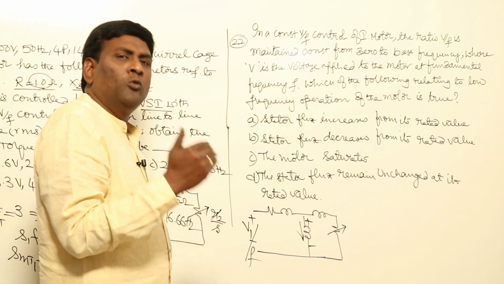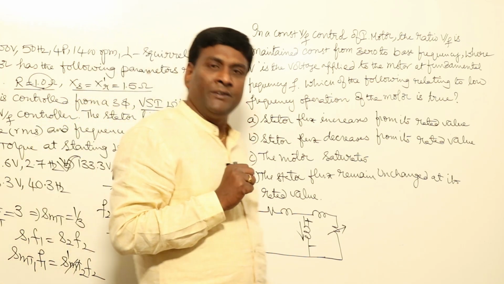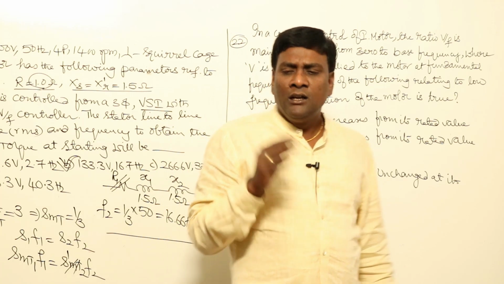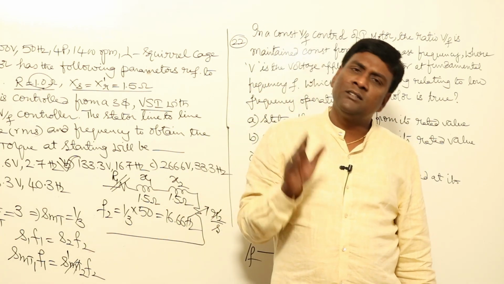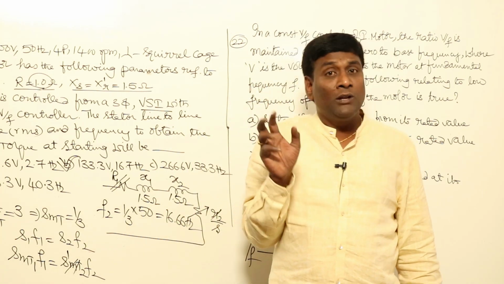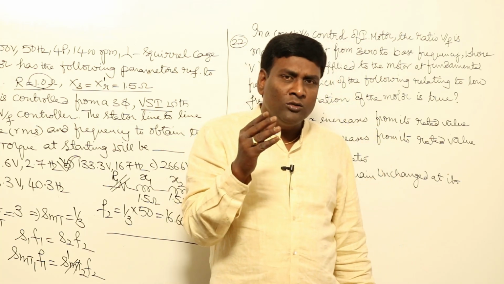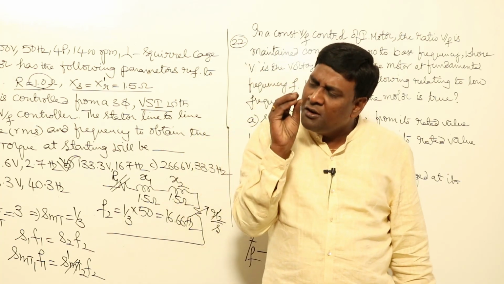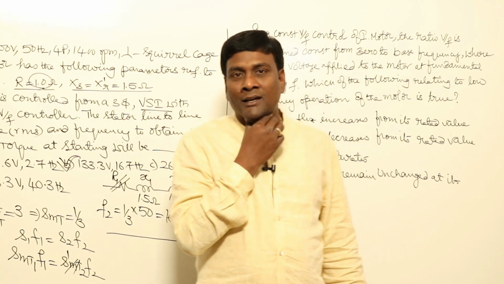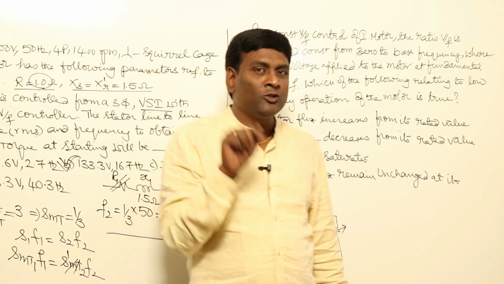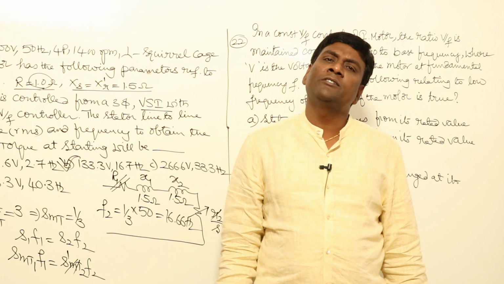Around base speed, for example if the base frequency is 50 Hz, then 50 Hz, 45 Hz, 40 Hz, 35 Hz, 30 Hz, down to 20 Hz, it will be fine. But if you are operating your rotor at very low speed, the frequency has to be reduced to maybe 2 Hz, 3 Hz or 5 Hz.